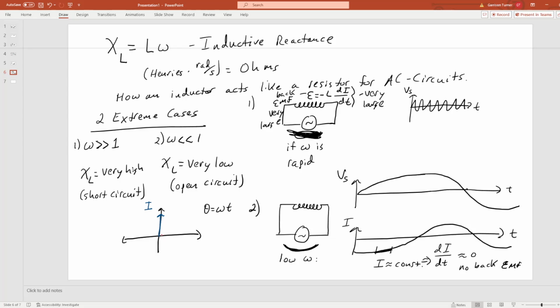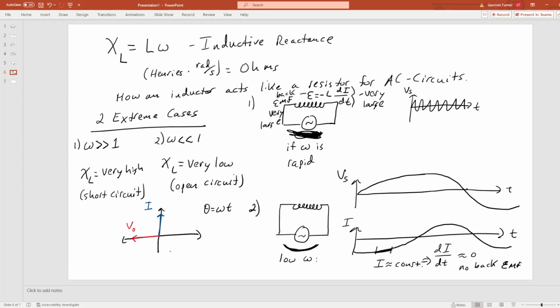let me make sure I get this right. Yeah, your potential across your inductor is going to lead your current by 90 degrees, right?